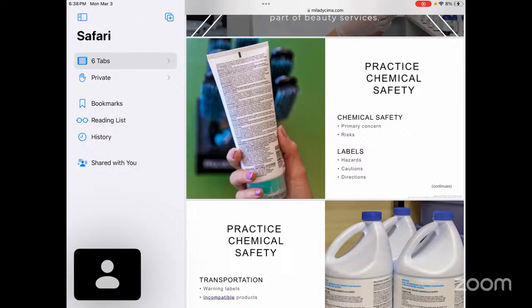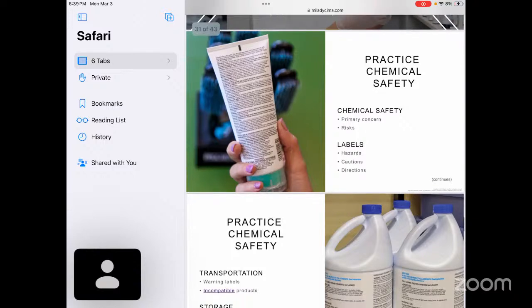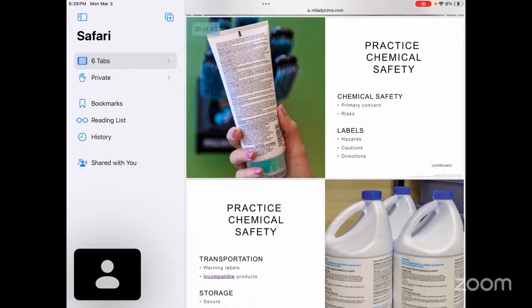And a caution could also be don't mix water with it. Keep the top on. The directions will be how to use it. Take a small dime size amount, rub it in the hand, apply water, and put it on the face or the body. Let it set for 5 minutes, rinse well, apply moisturizer. Those are directions, okay? And so in aesthetics, we are going to be sticklers for reading ingredients.